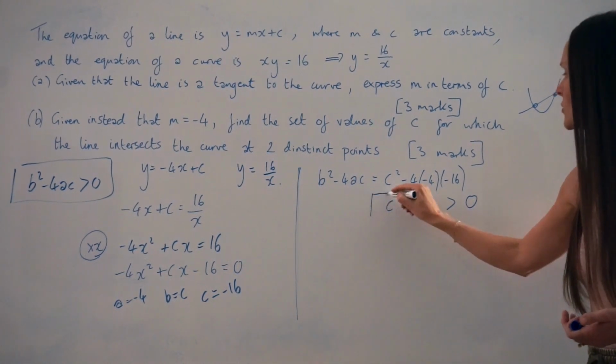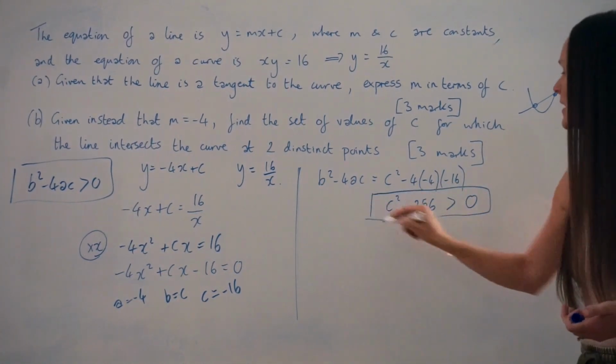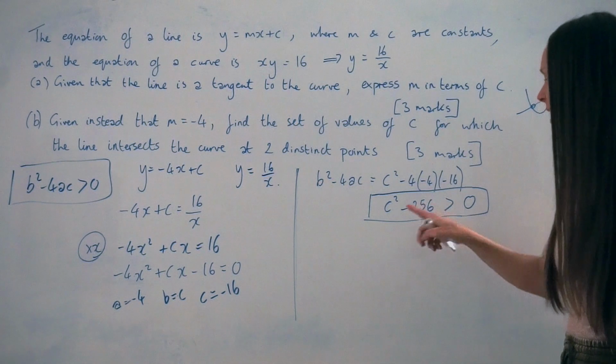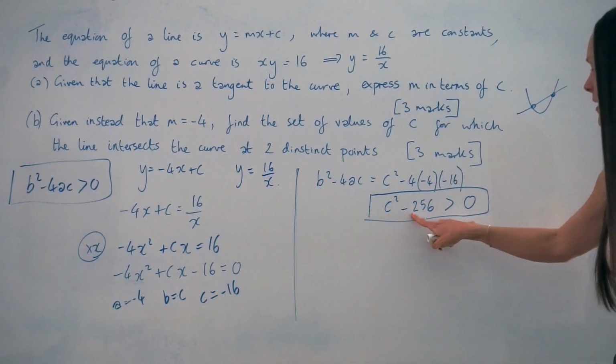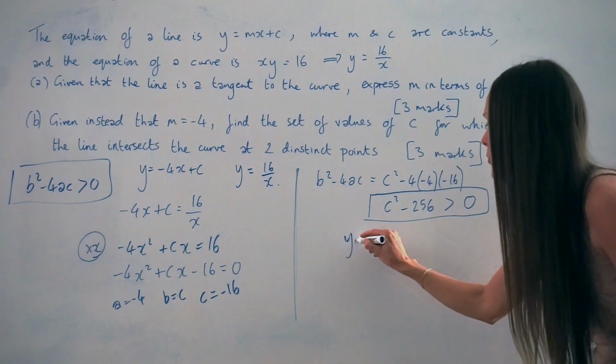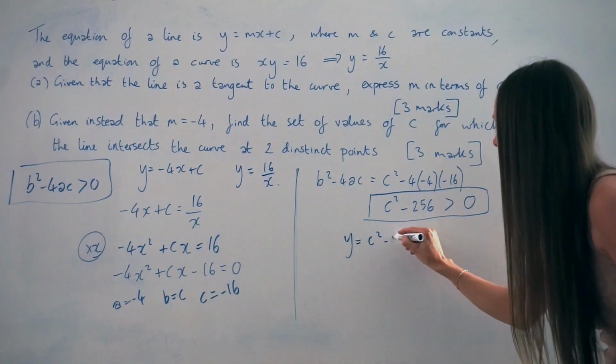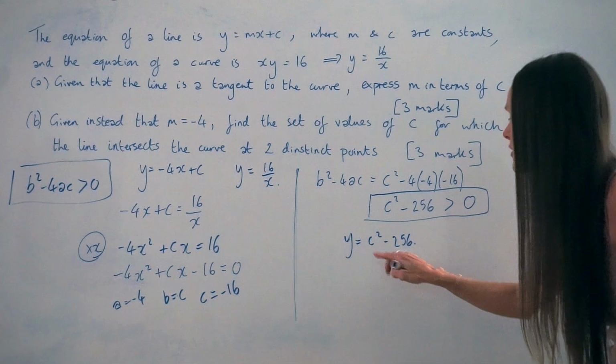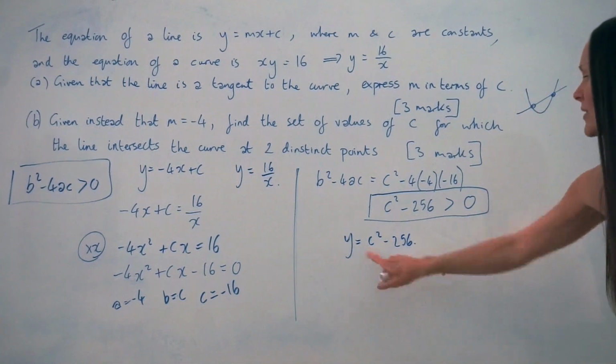Okay, so we're trying to solve this quadratic inequality. So let's say this here, c squared minus 256, is a quadratic equation. So for example, y is equal to c squared minus 256. It doesn't matter that we're using c instead of x.